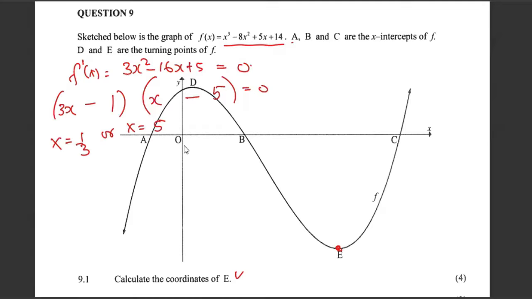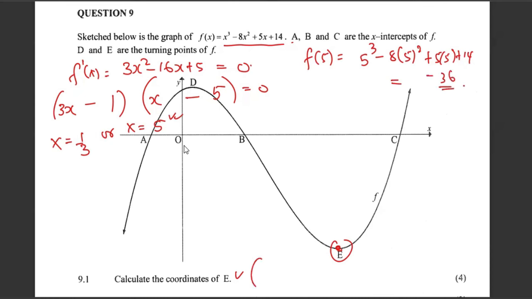But we're seeing that E is basically on the right-hand side, which is the positive side of the graph. So the 5 will favor it. Then let's look for f of 5, which is going to be 5 cubed minus 8 times 5 squared plus 5 times 5 plus 14. And then this gives me negative 36. Okay, so meaning that the coordinates of E will be 5 and negative 36.